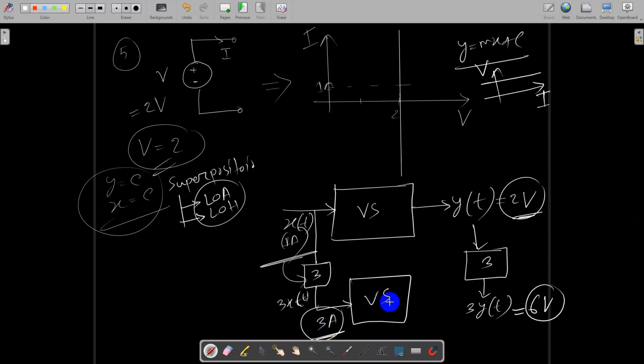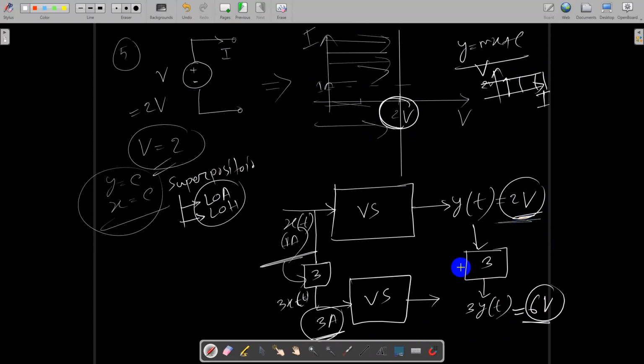Now for this 3 ampere, this voltage source wants 6 volt, but it will not get 6 volt. At 1 ampere, it will give 2 volt. At 2 ampere, 3 ampere, 4 ampere, for any current, it will give only and only 2 volt. It is fixed. That means the system output is not following the input linearly.